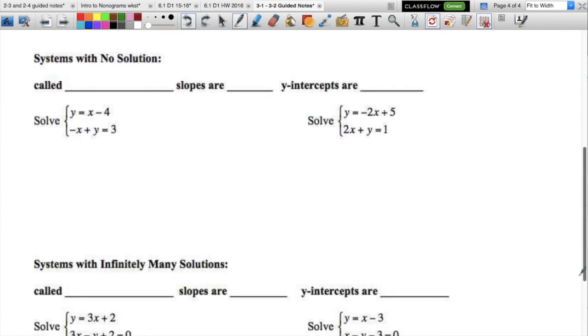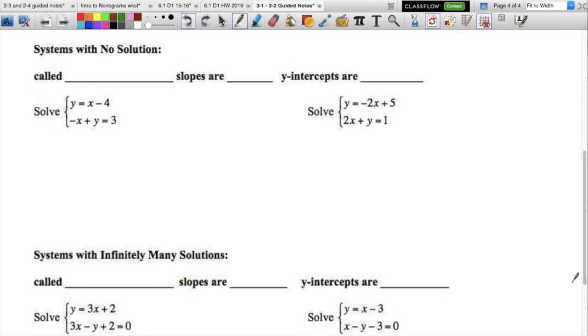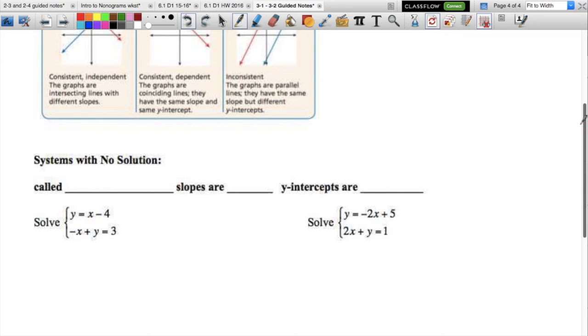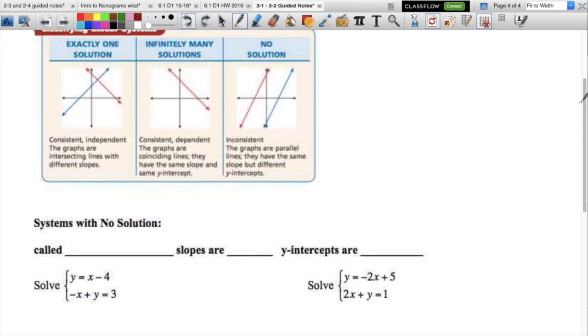Okay? Systems with no solutions. And it's written up above. See? Systems with no solutions are called inconsistent. Their slopes are equal, but their y-intercepts are different.